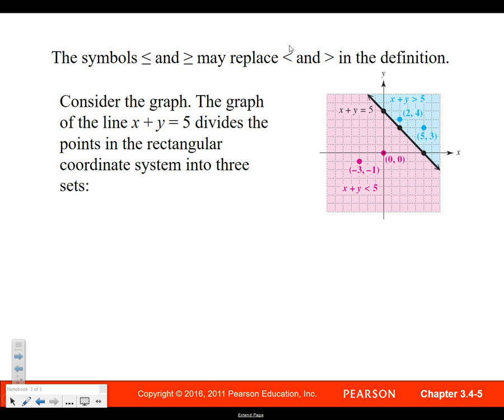If it's simply a less than or greater than symbol, then this line will be a broken line or a dashed line, whatever you want to call it, indicating to the reader that whatever is on that line is not part of the solution. It's kind of the equivalent to having a parenthesis or a bracket. When we graph, we're going to use a solid line or a broken line.